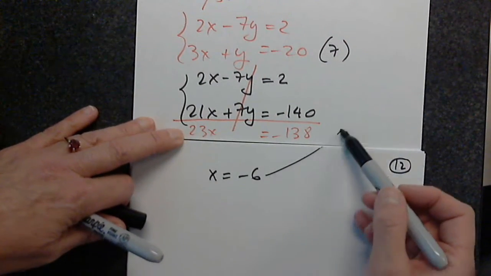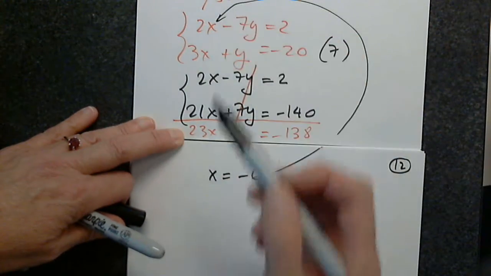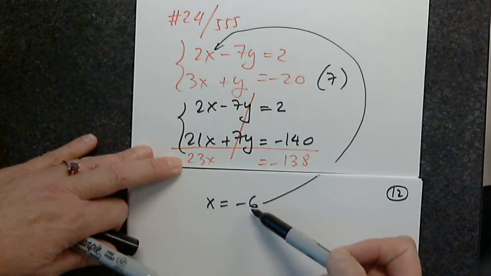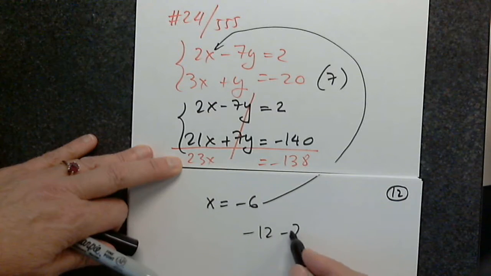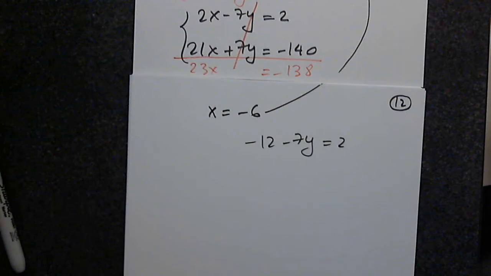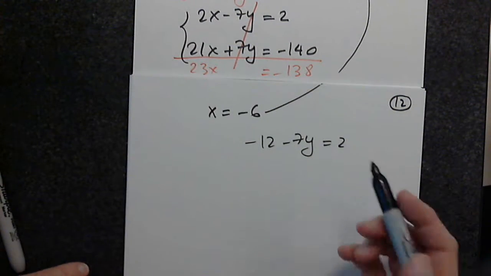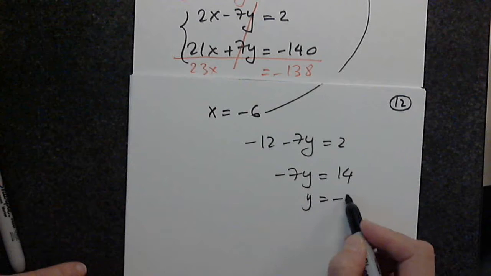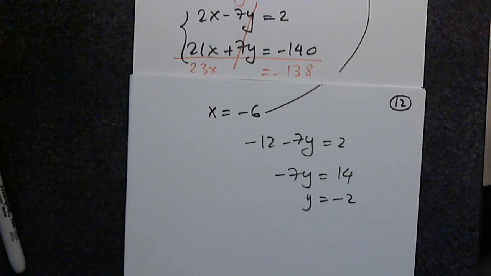I have to go back to any of these two equations. Let's say I go back to the first equation, and I have 2 times -6, which is -12, minus 7y equals 2. Linear equation, so -7y equals 14, so y equals -2. Do I know that this is correct?